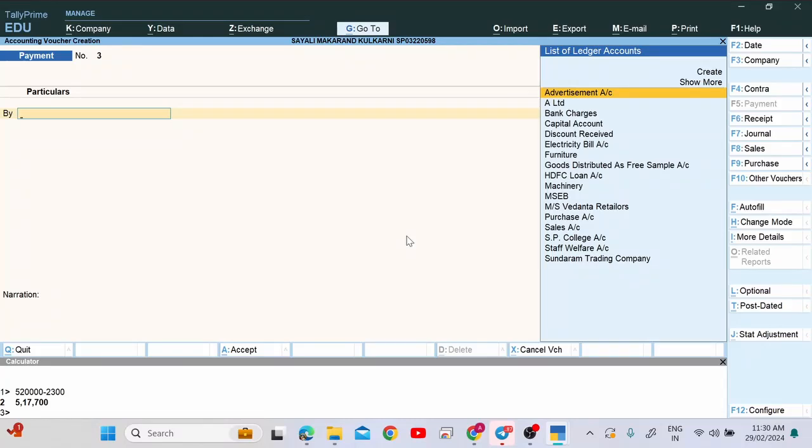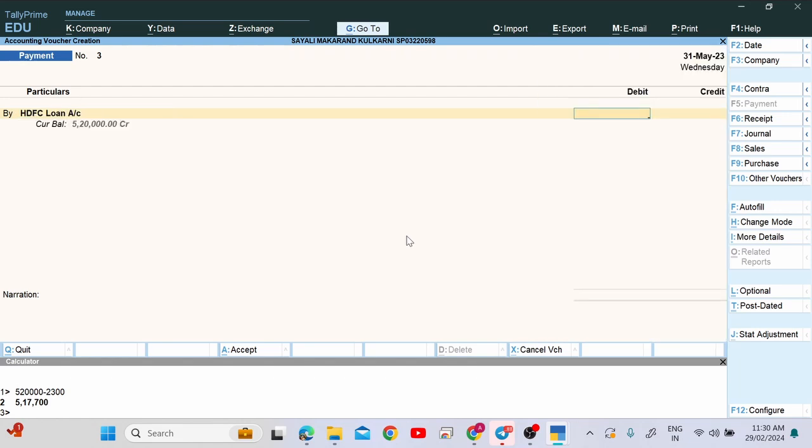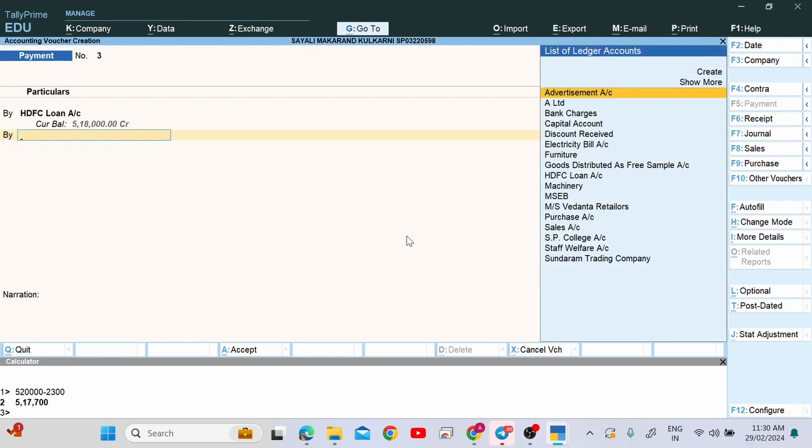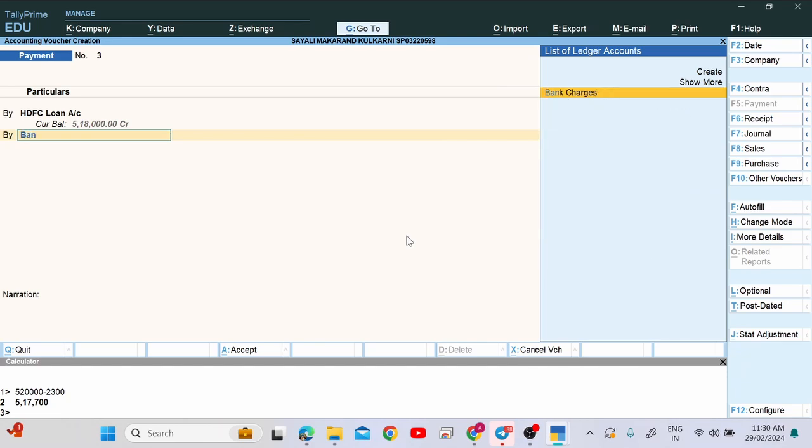And then for loan you are giving 2,000, and for interest you are giving 13,000. For loan, that means for HDFC loan account 2,000, and then again one more debit, bank interest or interest on loan, that I think we don't have here.